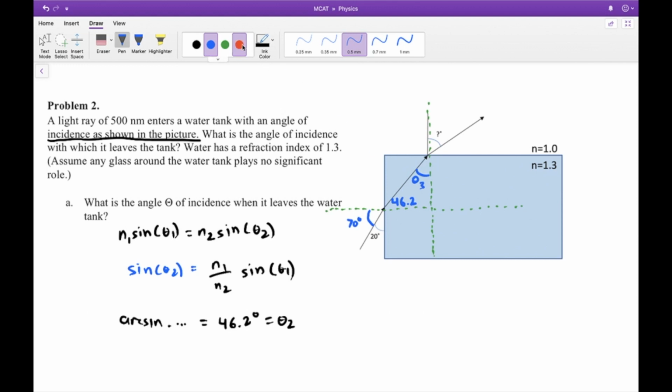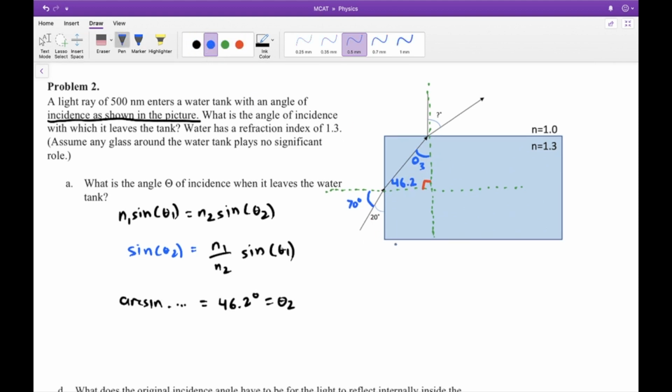To do that, we have to recognize that we have a right triangle right here. So 90 degrees here, and if the whole thing's 180, with 46.2, theta 3 has to equal 43.8, I believe. Yeah, 43.8.